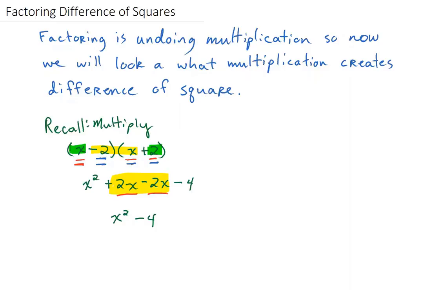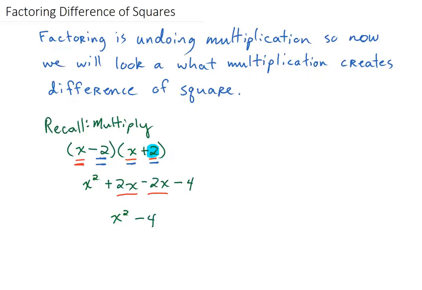And so we're always going to get those middle two terms to cancel out. Also, when we multiply the first two terms, those are always going to match because of what conjugates are. And so that's always going to end up being a perfect square, which gives us the perfect square we need to create a difference of squares.